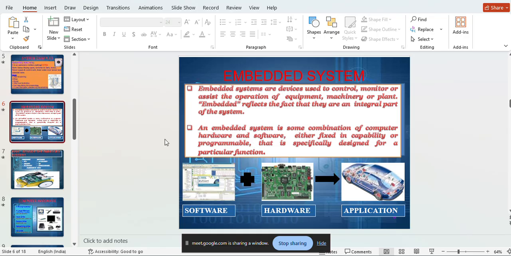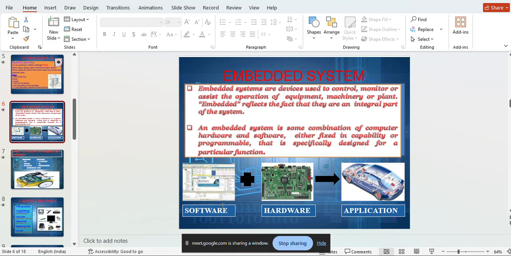Both are the same as the definition you wrote last time. In the second point you can see embedded is a combination of hardware and software, specifically designed for a particular function. In this slide you can understand combining software and hardware.